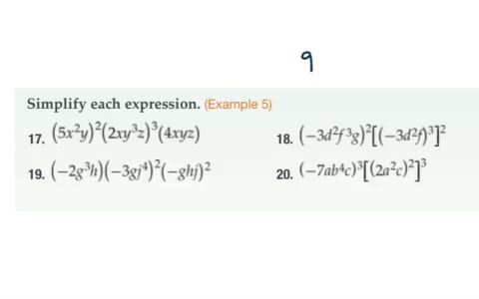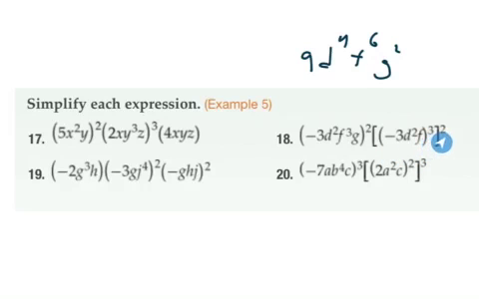And then I have d squared, which would be d to the 4th. And then I have f cubed squared, which would be f to the 6th. And then I have g squared, so that would just be g squared. Now then, I have this other expression, so I'm going to deal with this.